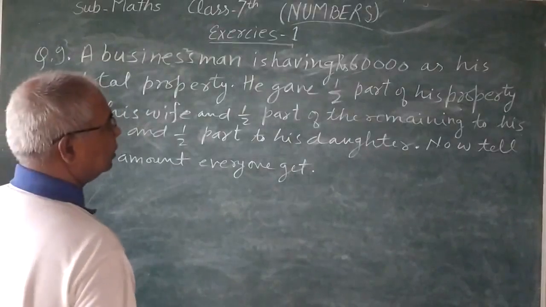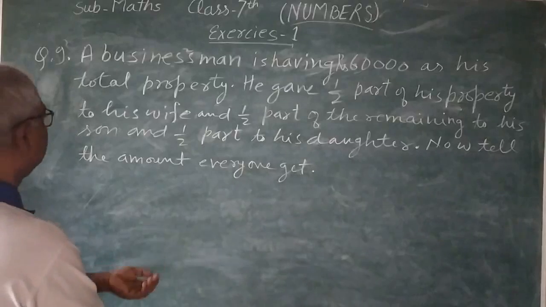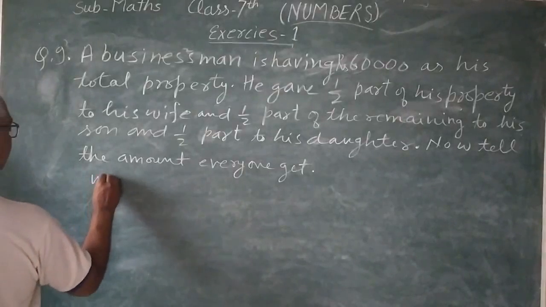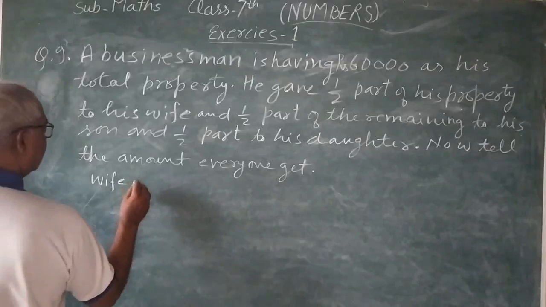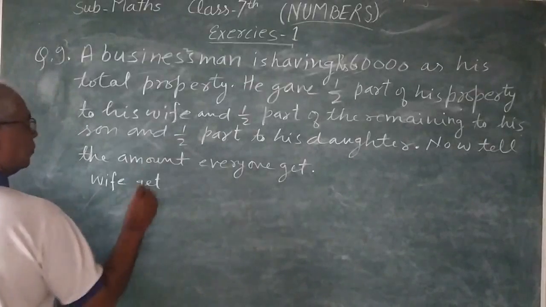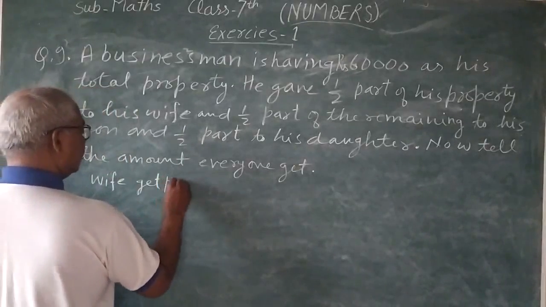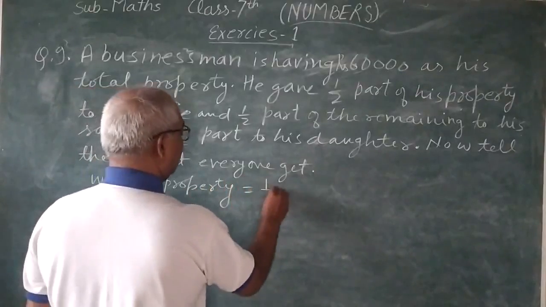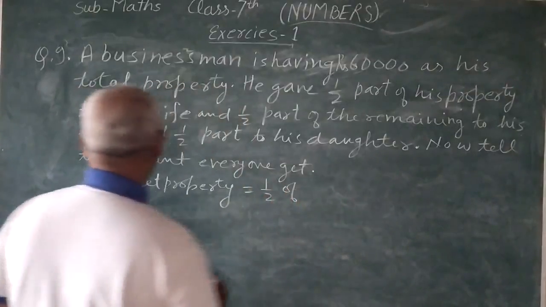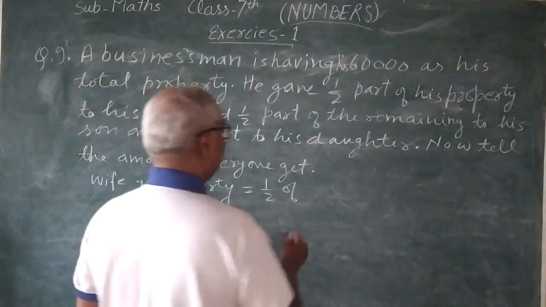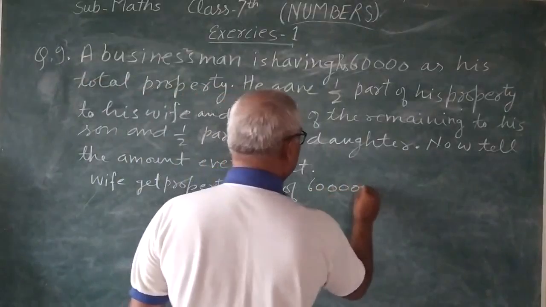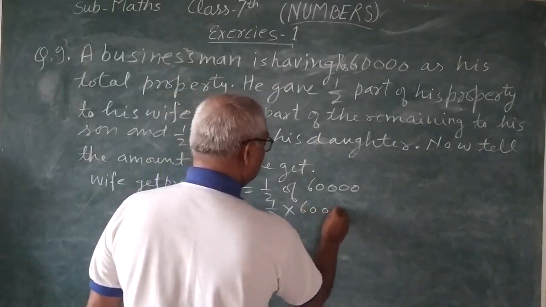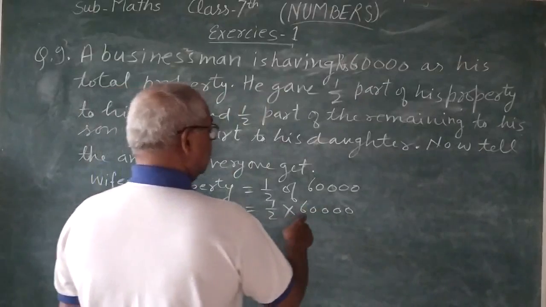So first of all, for the wife. The wife gets 1/2 of 60,000. Of is converted into into, 60,000.